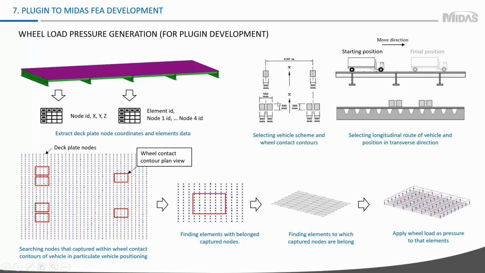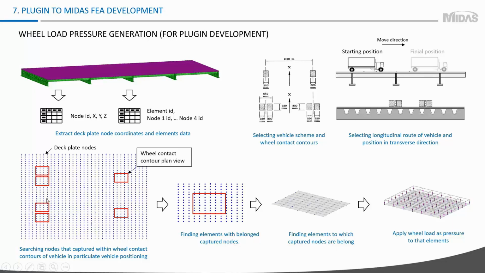Each vehicle has its own wheel contact areas, and coordinates and positions of these wheels in space. Then you decide what will be the starting position of your vehicle and the final position of your vehicle, and where this vehicle will be arranged in the transverse direction.